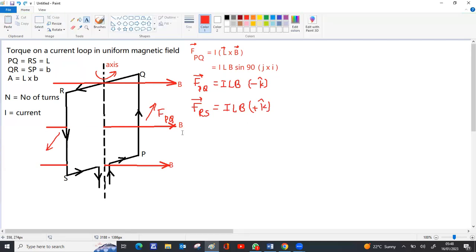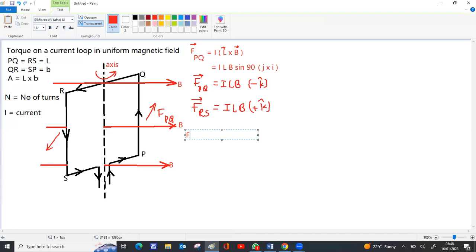Force on QR and SP are equal because the length and magnetic field angle are the same.